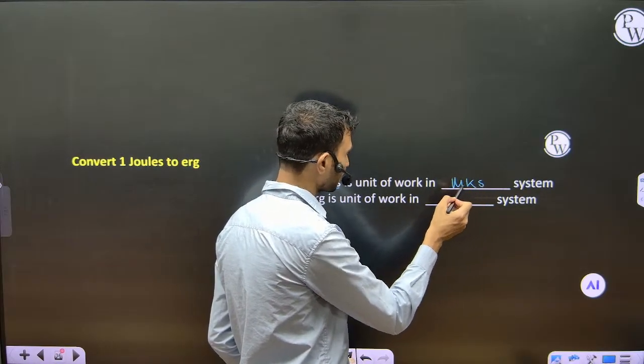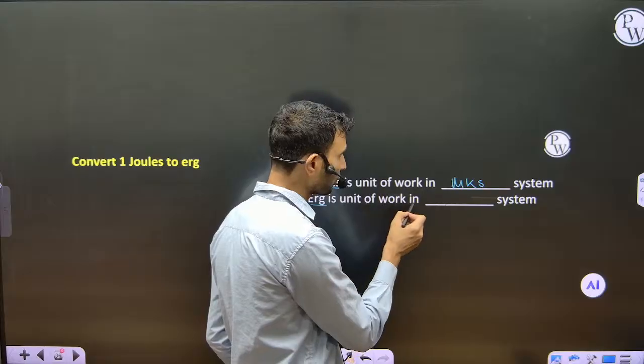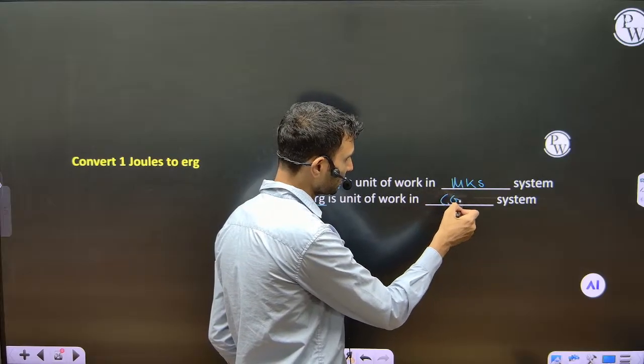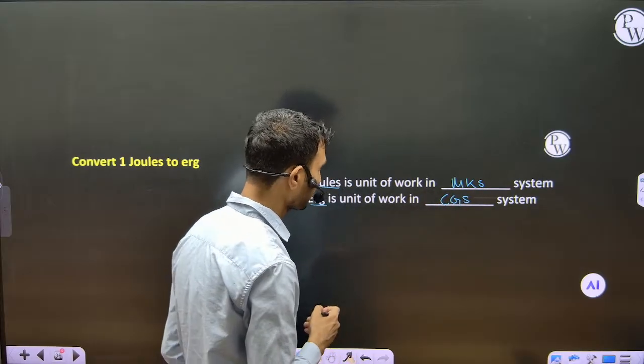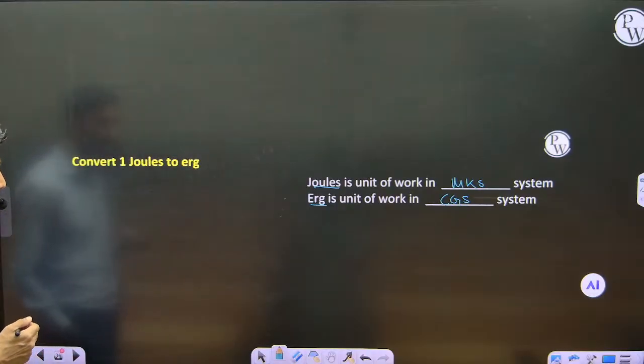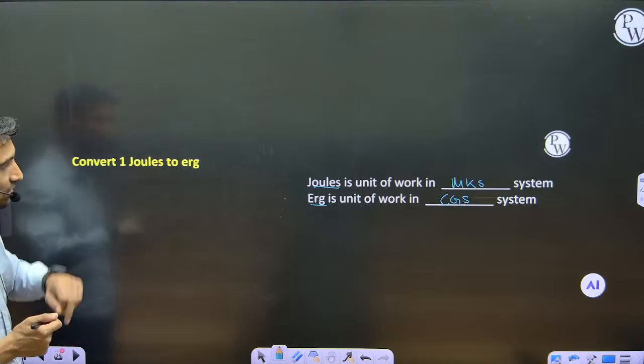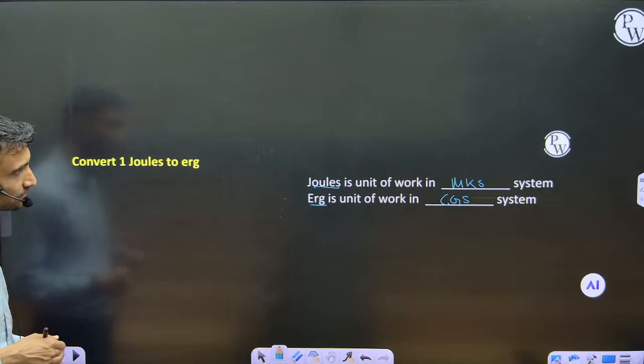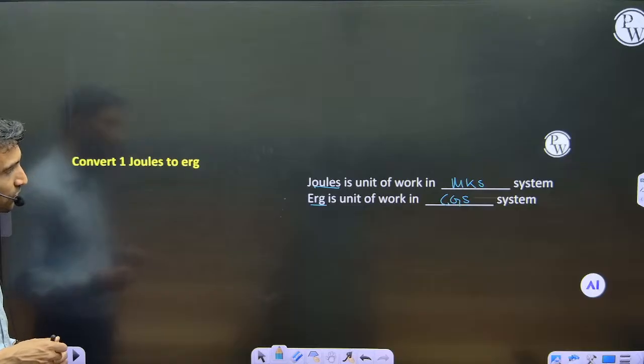In the MK system. Erg is the unit of work in CGS. Right? And you have to convert 1 joule to erg. How do you convert that?